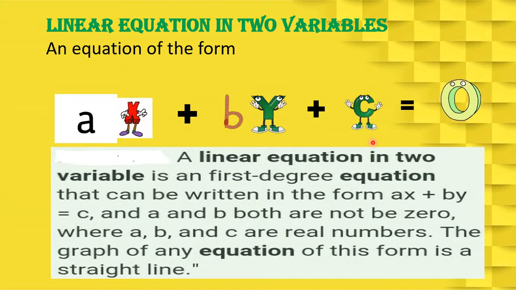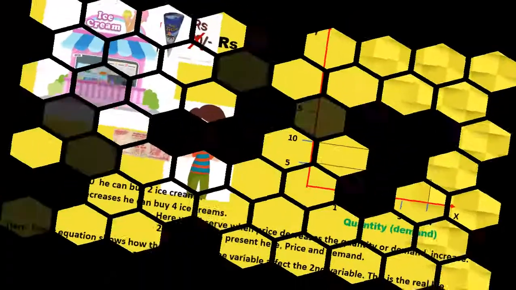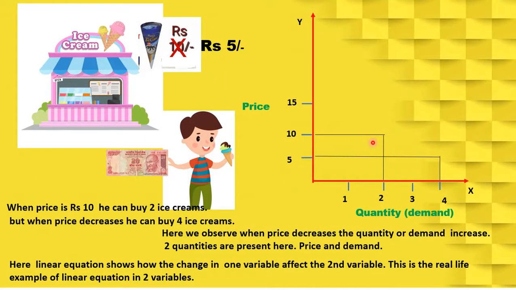And the graph of any equation of this form, that means a linear equation in two variables, ax plus by plus c is equal to 0, is a straight line. Consider the previous example, the price of the ice cream and the number of ice creams purchased by the boy.